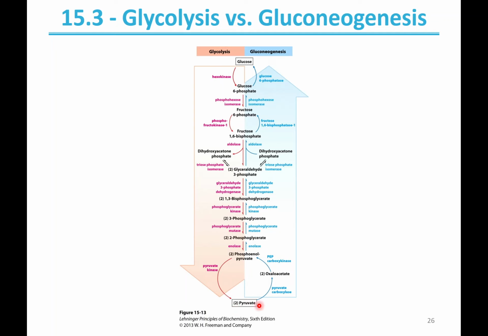With gluconeogenesis, we'll talk mostly about the first 2 steps, and one we'll mention quite a bit is fructose 1,6-bisphosphatase, the partner to the third step in glycolysis, and we'll also talk about the regulation of that.